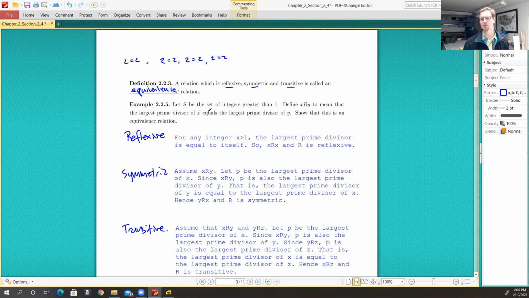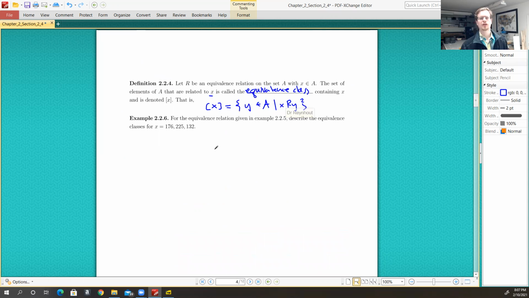For this example, we won't be able to determine all of them. So our relation for this example is X is related to Y whenever the largest prime divisor of X equals the largest prime divisor of Y. All right. So we want to describe the equivalence classes for these three numbers.